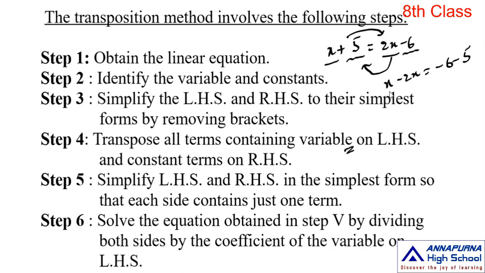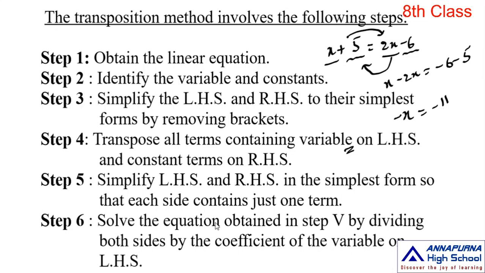On the left side we have one x term and another x term, both are like terms. Simplify: x minus 2x is equal to minus x, and minus 6 minus 5 is equal to minus 11. So when you complete the fifth step, we get only one term on both sides.